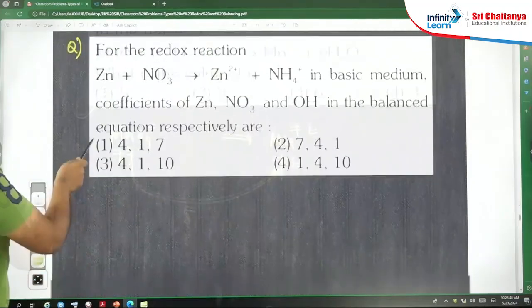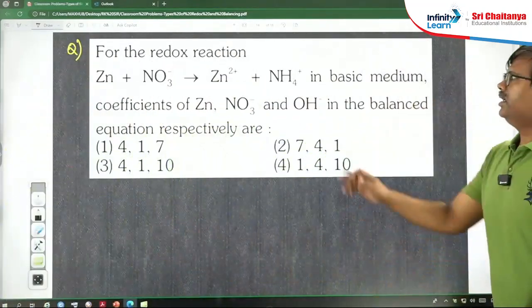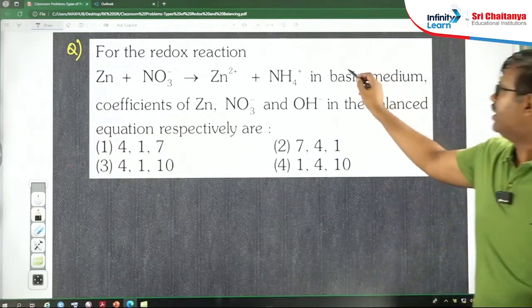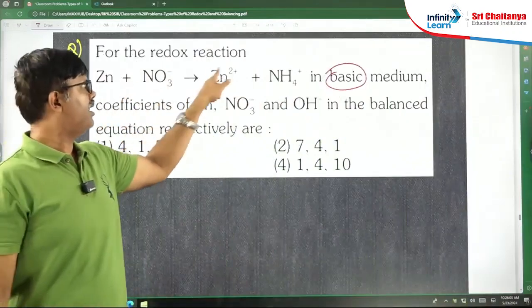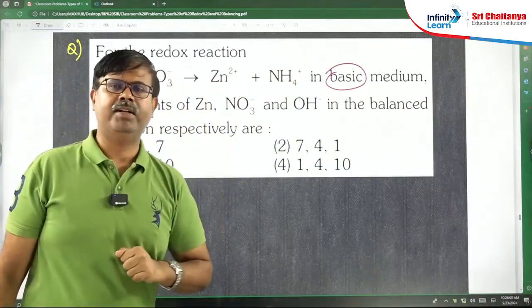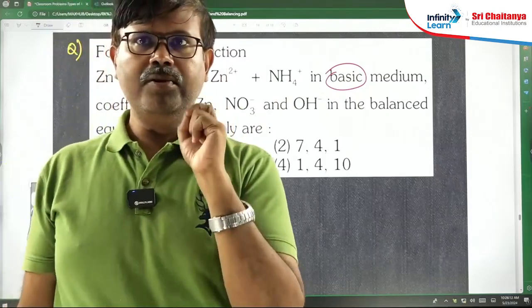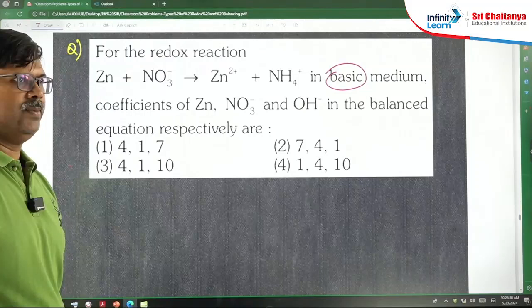Next. Okay, look at this. For the redox reaction, zinc and nitrate give Zn plus 2 in basic medium. See what is given: basic medium. It is an ionic equation, ions are there. Basic medium means for charge balance, which species do you have to use, H plus or OH minus? OH minus.